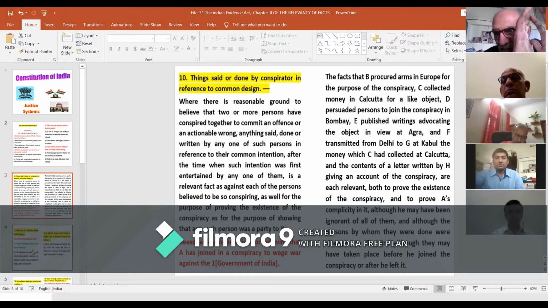So everything is being done in secrecy, number one. And that secrecy further goes deeper when it is simply a mental state. A and B are mentally agreeing. So that is a mental state of unison of the two persons.